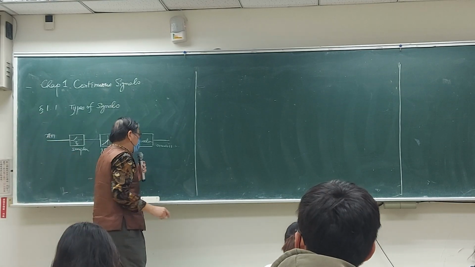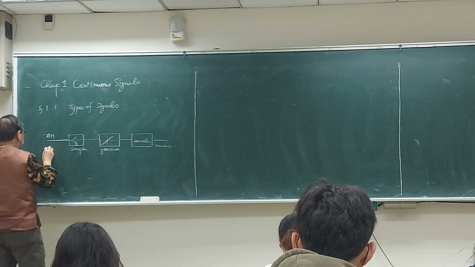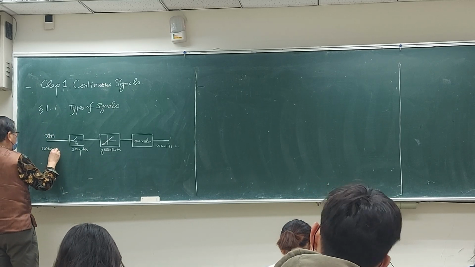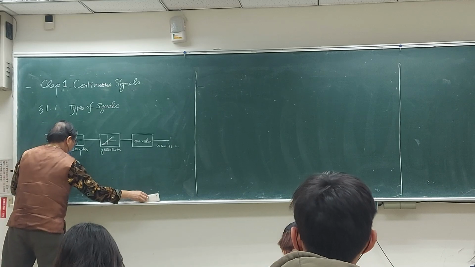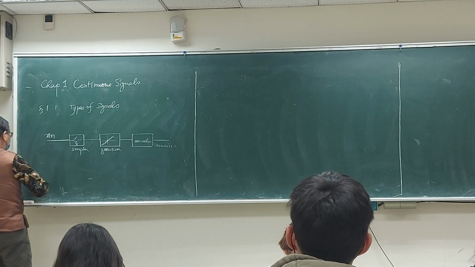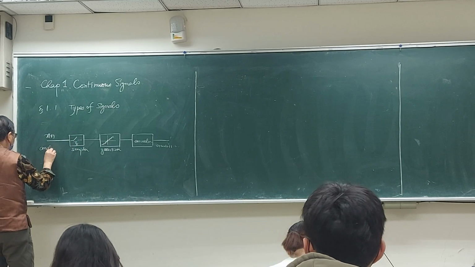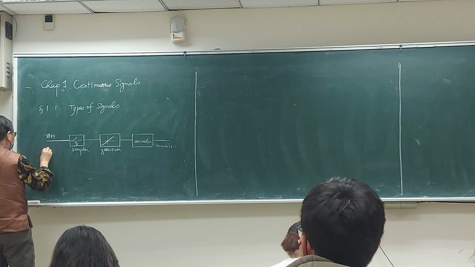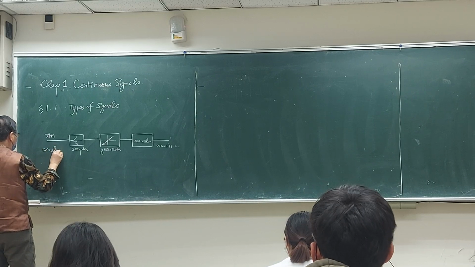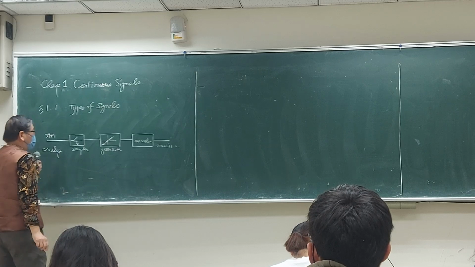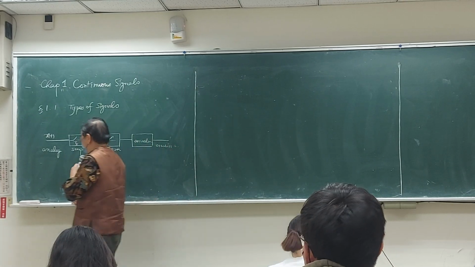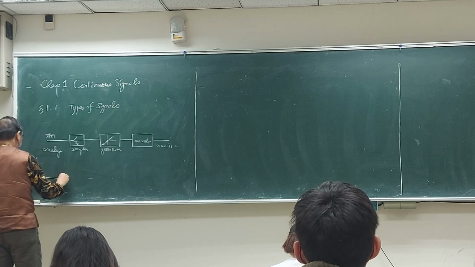Okay, let's assume we have an analog signal coming from somewhere, from a sensor. Analog sensor. So what we have is a continuous signal, so let me draw that here.